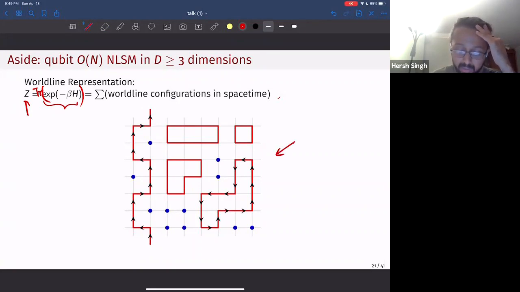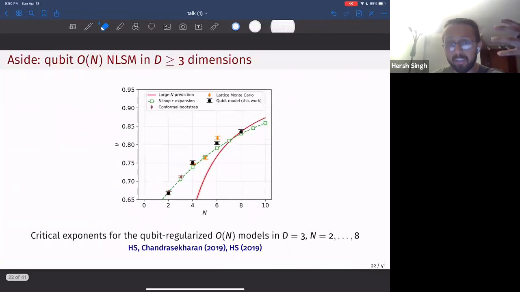Particles which are charged under O(N) are oriented world lines. If you have particles which are not charged under O(N), then they have unoriented world lines. And the singlet states are just empty sites here, right? So the question then becomes just sampling these kinds of configurations, which you can do very efficiently thanks to worm algorithms. And you can show that, in fact, you get all the right critical exponents for this.